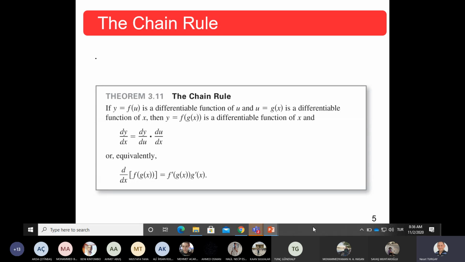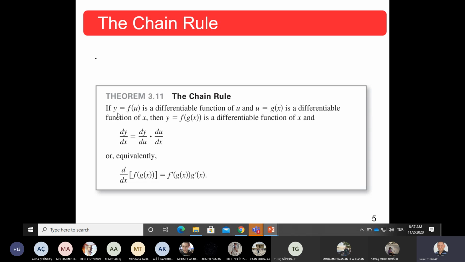If y is f of u, where u is a differentiable function, that means this is actually a composition of two functions. If u is g of x, a differentiable function of x, then y equals f of g of x is also a differentiable function of x, so you can take its derivative. So how do you do this?